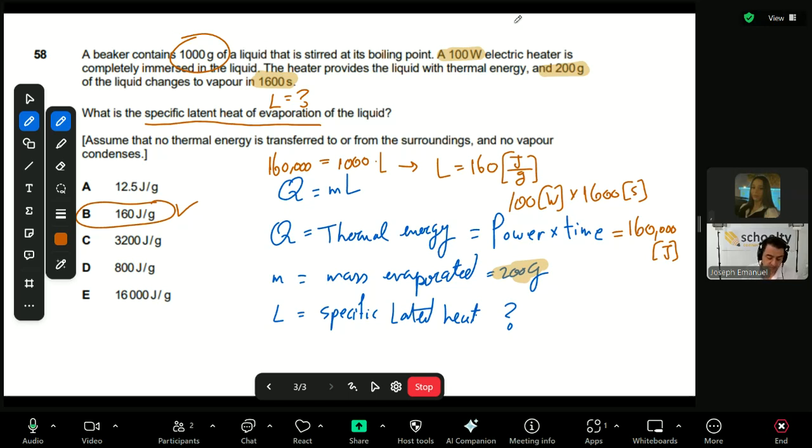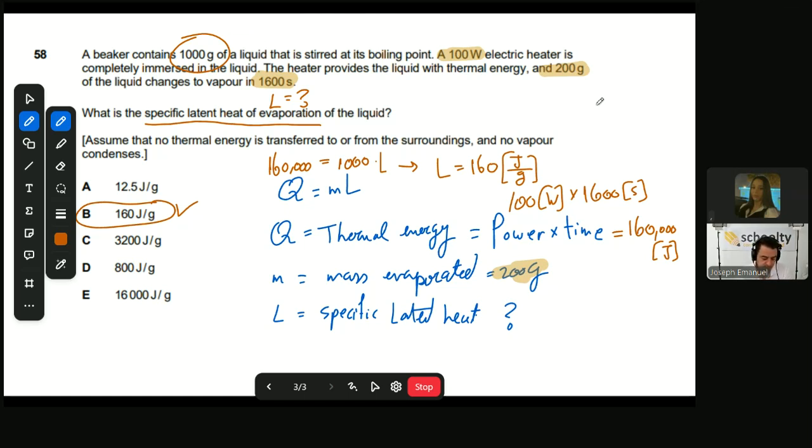160 joules per gram. So let's explain what happened here. You have a beaker that contains 1 kilo of liquid. And this liquid, you don't know the specific parameter of this specific liquid. But what you do know is how much energy you put in this liquid and how much from this liquid evaporated. You don't exactly know how much energy, but you know how much power and how much time.